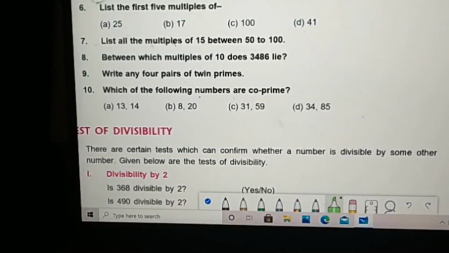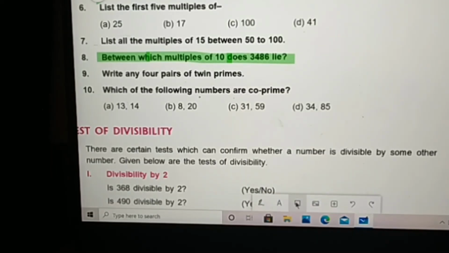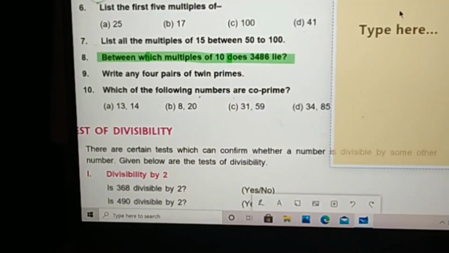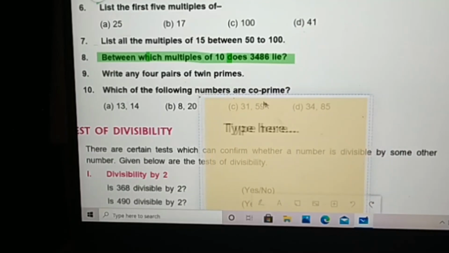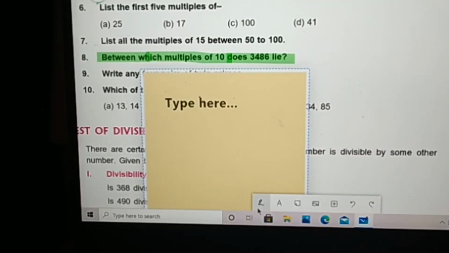Now question number 8: between which multiples of 10 does 3486 lie? Now you have to see the multiples of 10. First of all, see what the multiples of 10 are here.